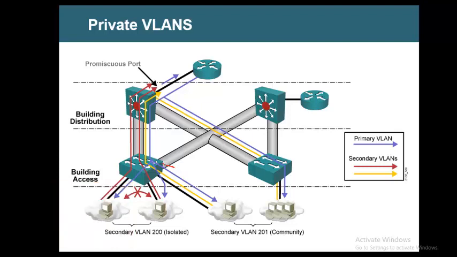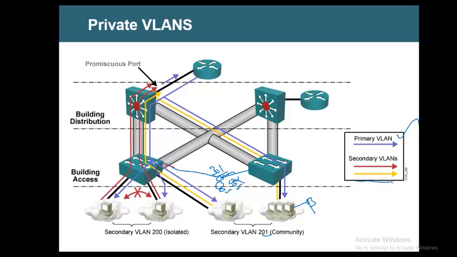For example, you see, there is another VLAN 301, which is a community. These two can talk to each other, though they are in different switches. But if this alpha wants to talk to this beta, they are not in the same VLAN, but they are under the same primary VLAN.